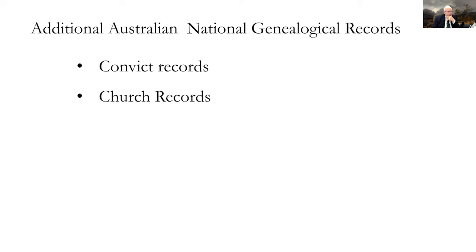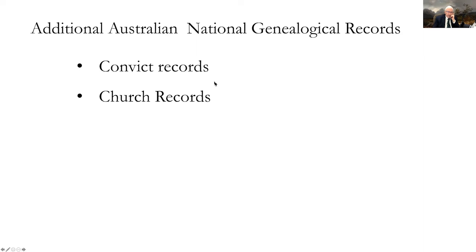Now, here's a kind of unfortunate situation from the standpoint of the way records were kept. The Church of England, of course, had a long history going back into the 1500s, 1538 with Henry VIII. But basically the people who were transported to Australia were not necessarily awfully church-oriented people.